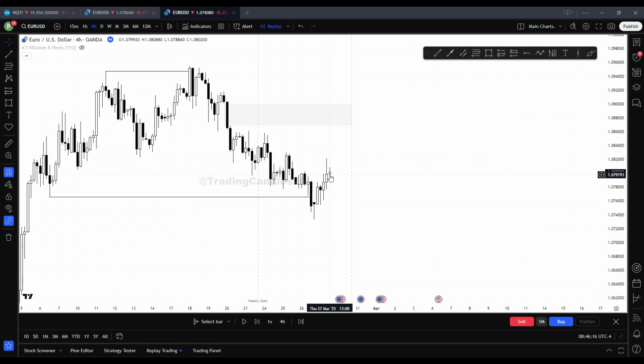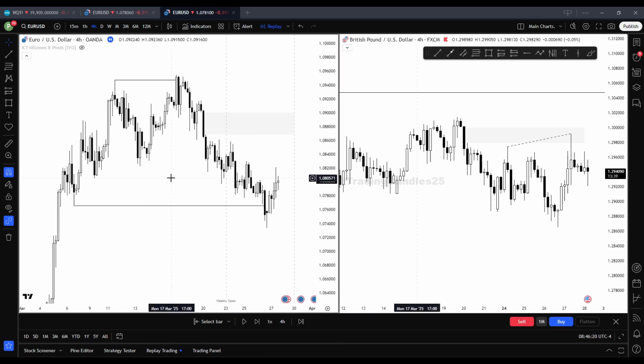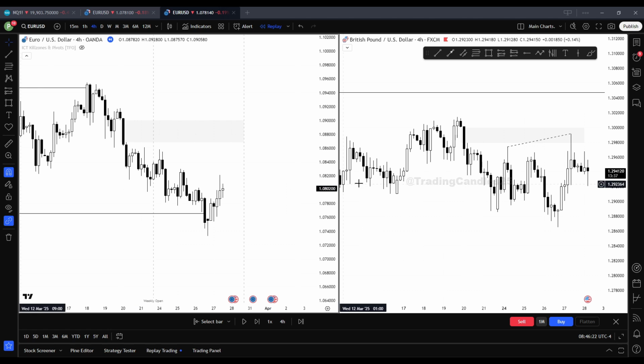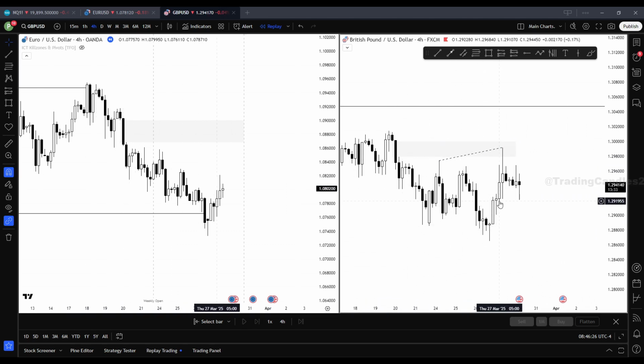But what happened on Thursday is that we had this divergence with GBP/USD. We had this SMT divergence with GU. You can see that GU pushed higher as anticipated and filled the internal liquidity and took out this high right here.